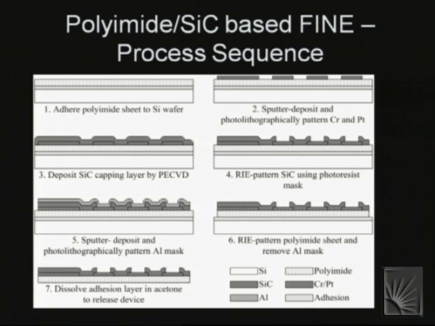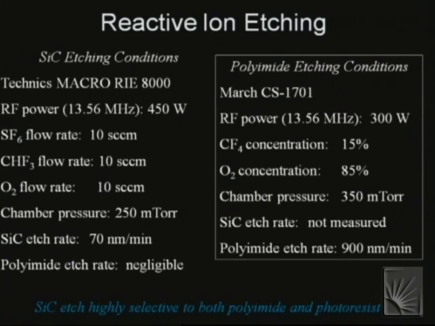We're able to pattern vias into the carbide film right nicely using a photoresist etch mask, and then you finish the process by putting down an etch mask for the polyimide, which in this particular case required metal because it was thick, and we couldn't use a photoresist. So we deposit and pattern an aluminum etch mask, and then we etch the polyimide structures using a separate RIE process, and then we demount the structure from the silicon carrier wafer.